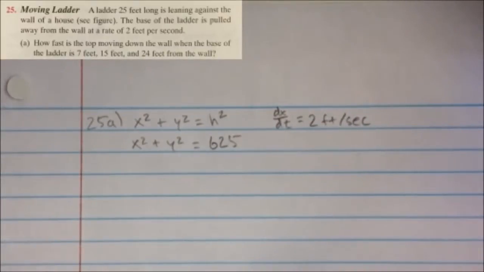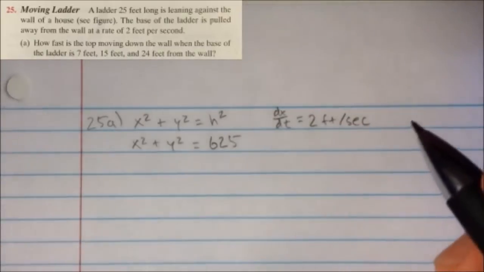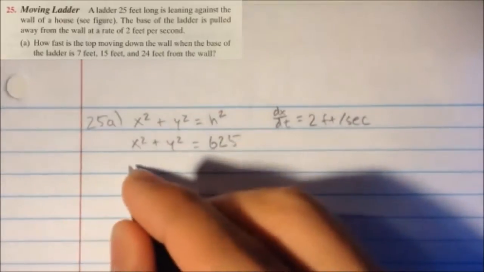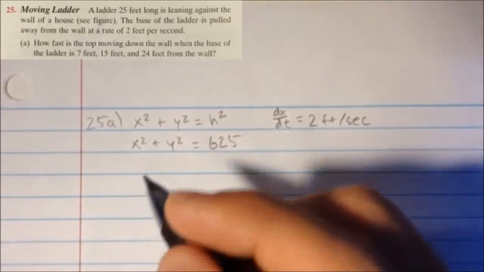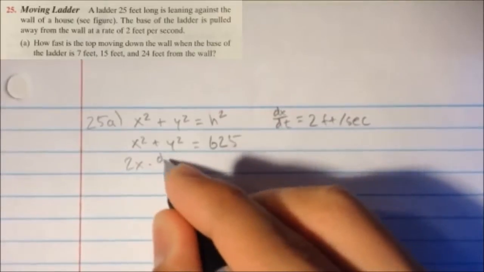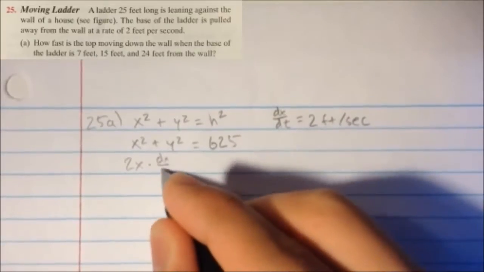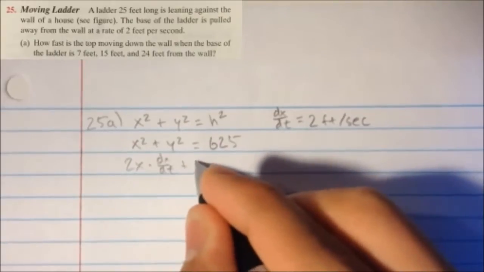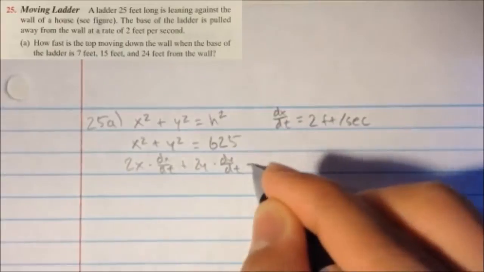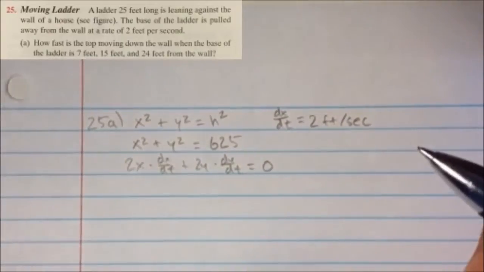Now, we are given 3 different lengths for the base, and let's go ahead and solve each one of them. So first, let's set up the derivative, using implicit differentiation, of course. So it would be 2x times dx/dt plus 2y times dy/dt equals 0.